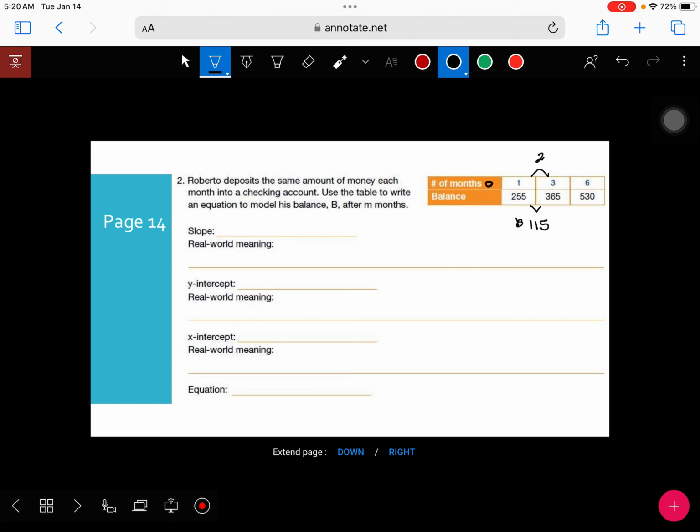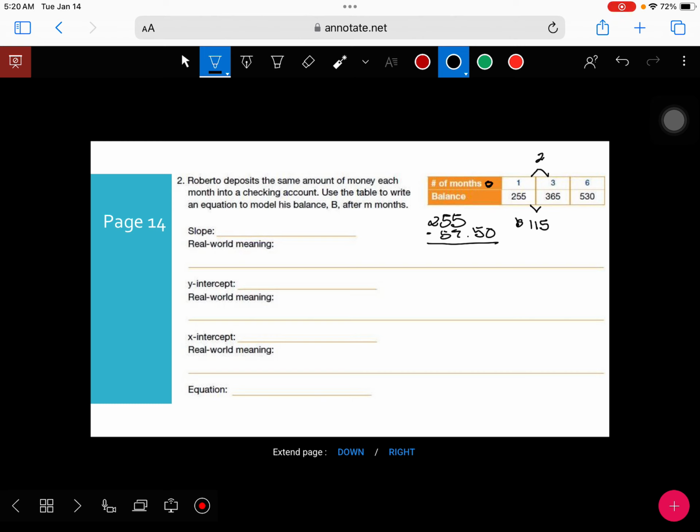All right, so if after 1 month he had $255, and based on this, we know we gain $57.50, I should subtract that amount. Oh, shoot.